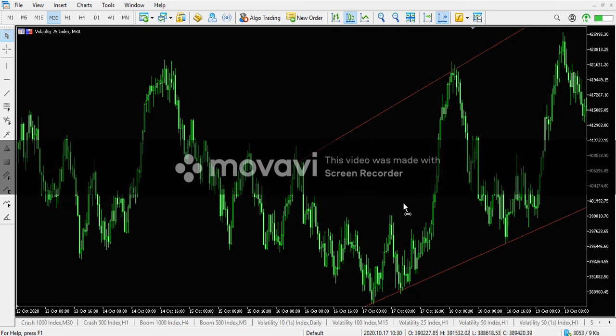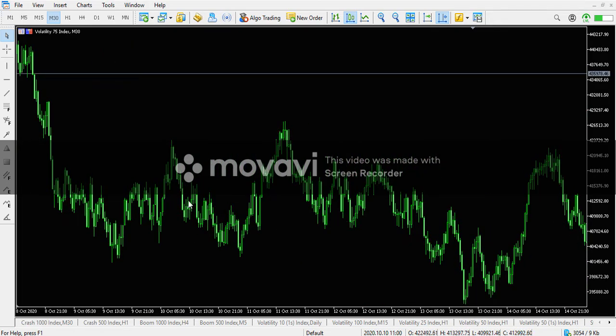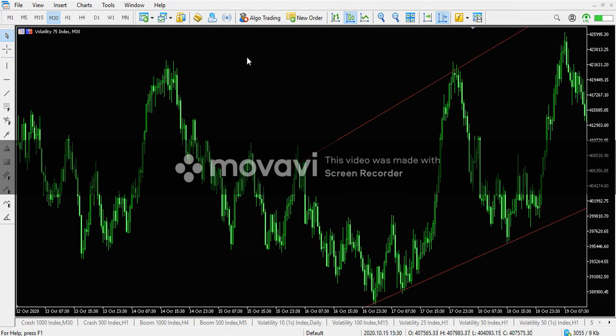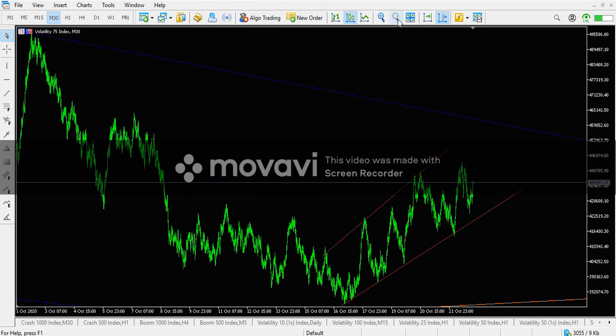Okay, so in summary, what I'm saying is, after drawing your trend line, you wait for it to come close to your trend line. After it has come close to your trend line, next you start to look for candlestick patterns: bearish engulfing, bullish engulfing, pin bar, head and shoulders pattern, double top, double bottom, all those patterns.